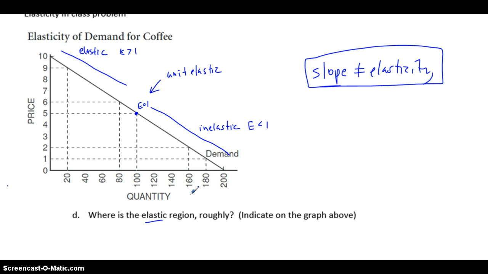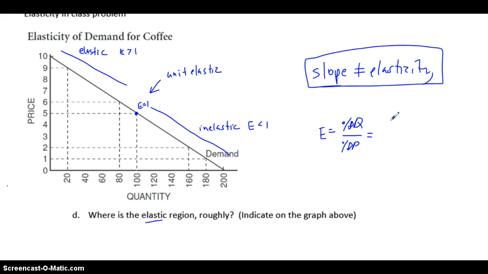And so if we recall that elasticity is percent change in quantity over percent change in price, sorry, should have been some deltas in there, when we're up here on the curve, which coordinate is closer to the origin? Well, price is pretty far away from the origin, but quantities are really close to the origin.